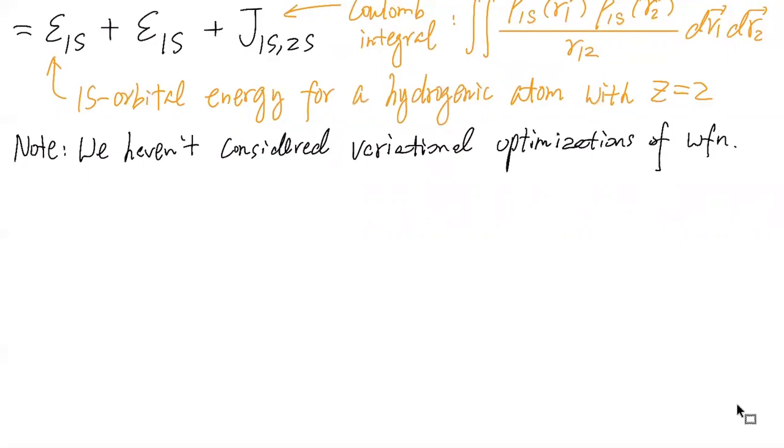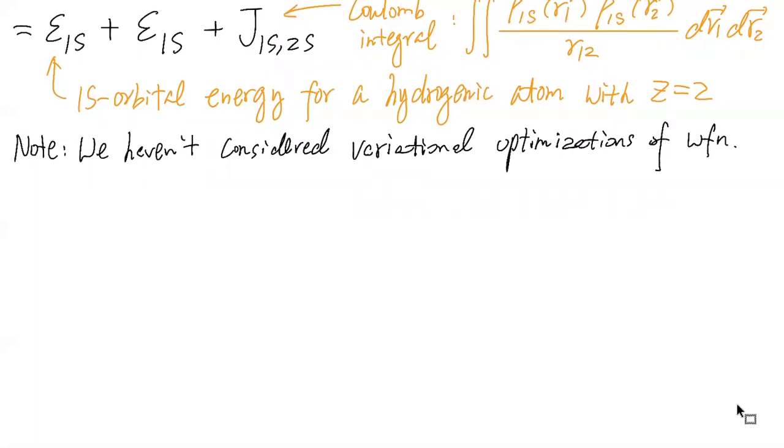Actually, in the next lecture, we will talk about how to do this variational calculation for a multi-electron system systematically. But in this lecture, we just focus on the energy of the determinant. This is actually the prerequisite for understanding what we're going to talk about in the next lecture.